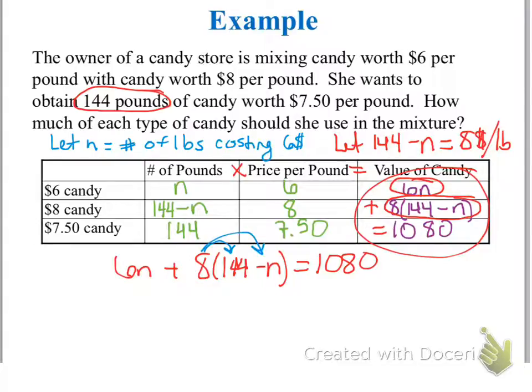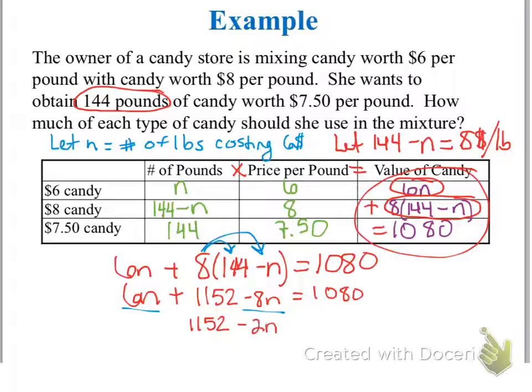I'm going to solve for n. This is going to give me 6n plus 8 times 144 gives me 1152 minus 8n equals 1080. Combine some like terms. Gives me 1152 minus 2n. They're on the same side, so just add them together.